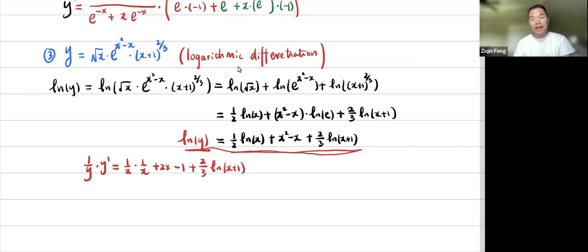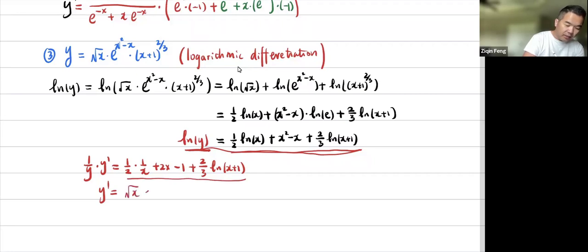The derivative of natural log of x plus 1 is 1 times 1. That's it, right? So we get y prime is y times the right side, right? y is root x e to the x squared minus x plus 1 to the power 2 over 3, times 1 over 2x plus 2x minus 1 plus 2 over 3.